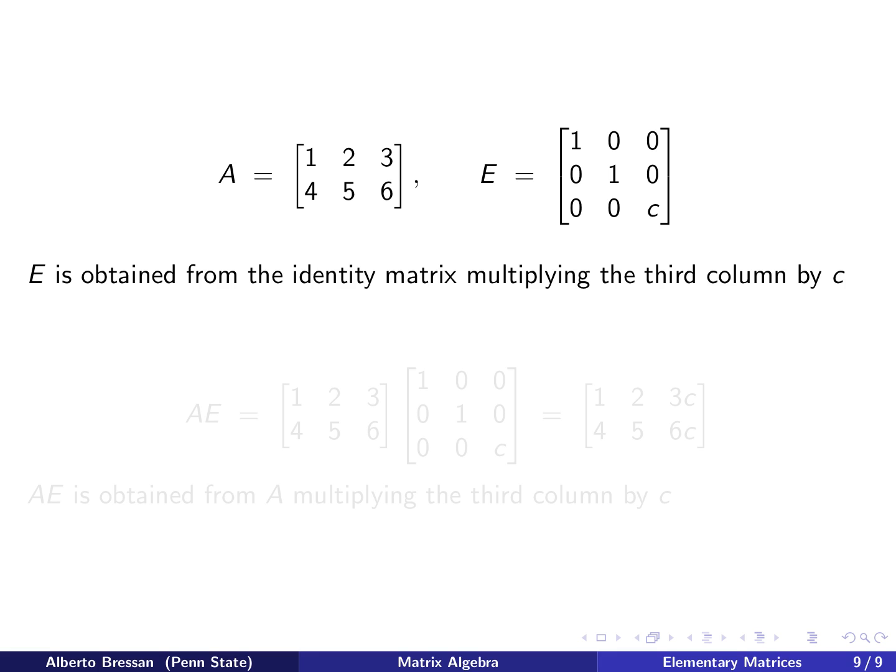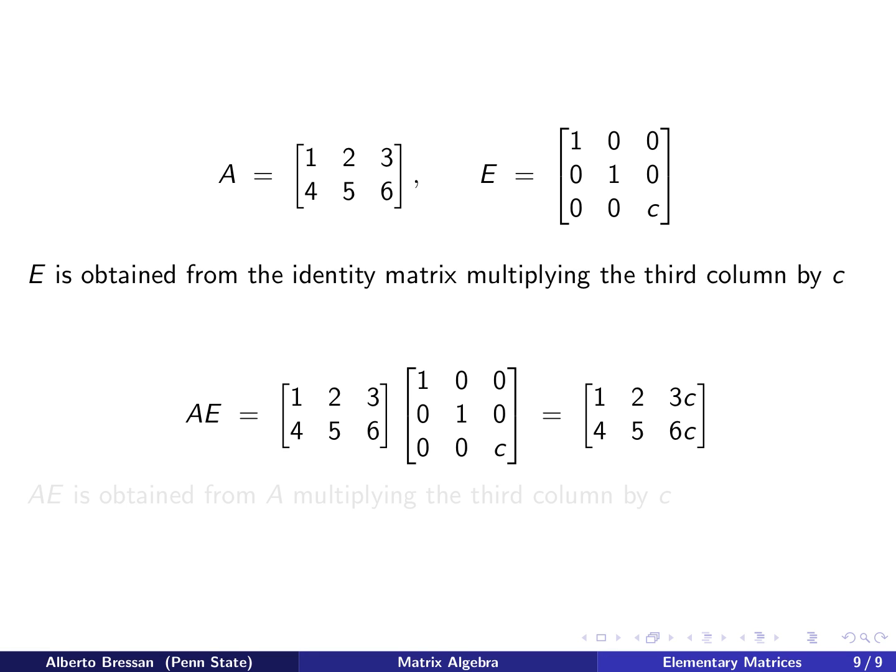Let's take another example. Now we have an elementary matrix and multiply by c here, and we can consider that as multiplying the third column by c. And let's carry out this product, A times this E. Again, it's a simple computation, and you will get this as the final result.